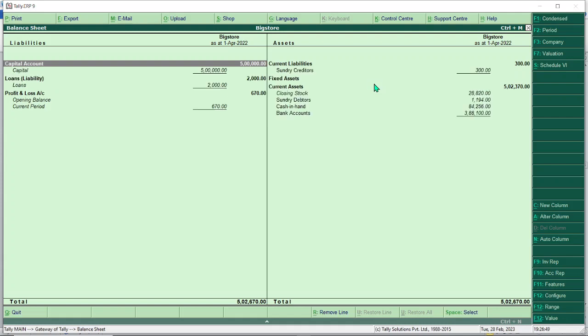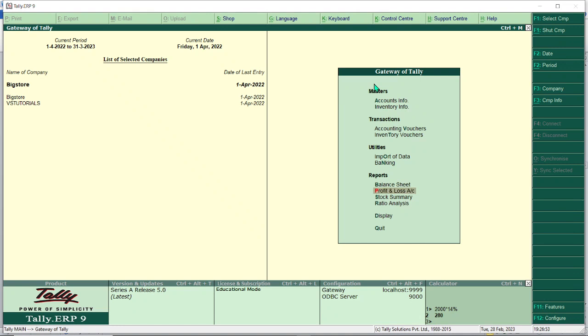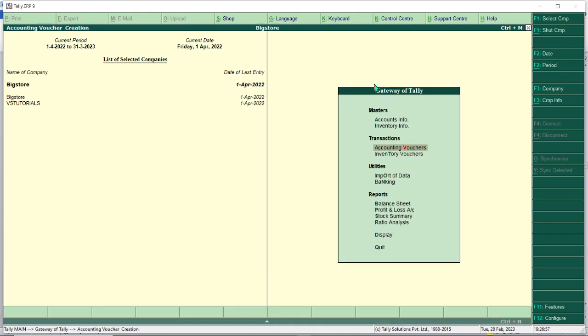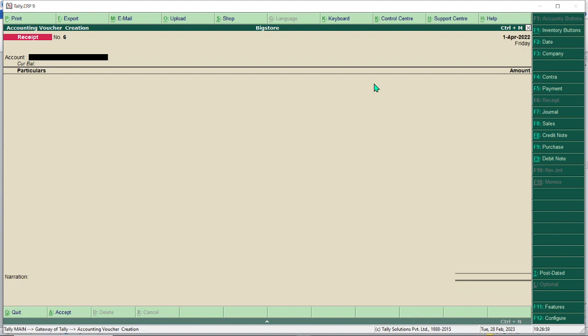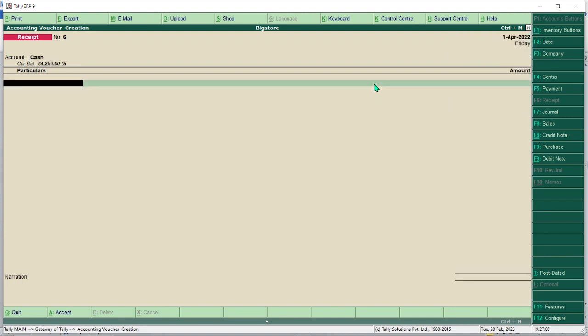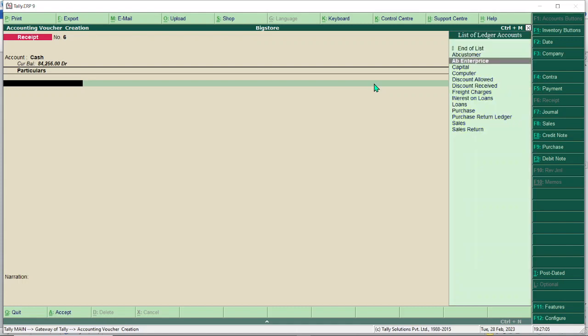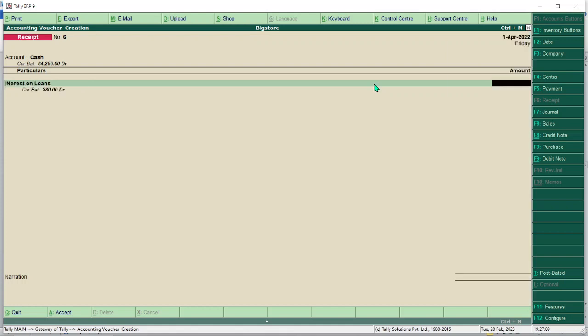We have taken loan of 2000 rupees, and now we will calculate the interest. Go to accounting vouchers, select account and select cash. Select interest on loans.